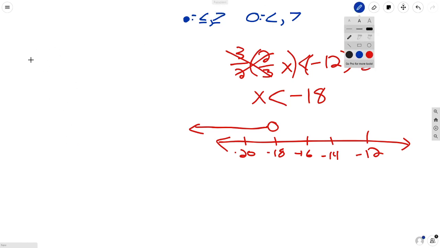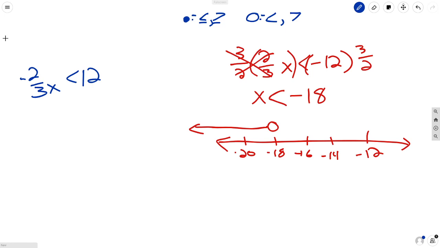So now let's look at, what if I put the negative on this side? What if the negative goes over here? So then we have to multiply by the reciprocal again, which is negative 3 over 2. So this is the only time that something is going to change here at our sign.